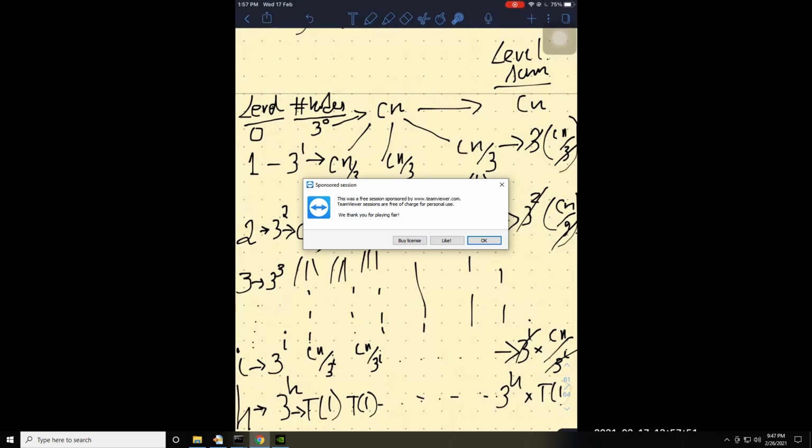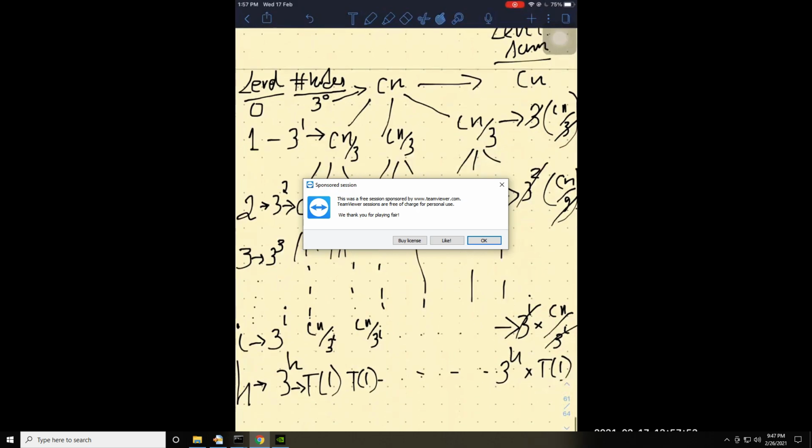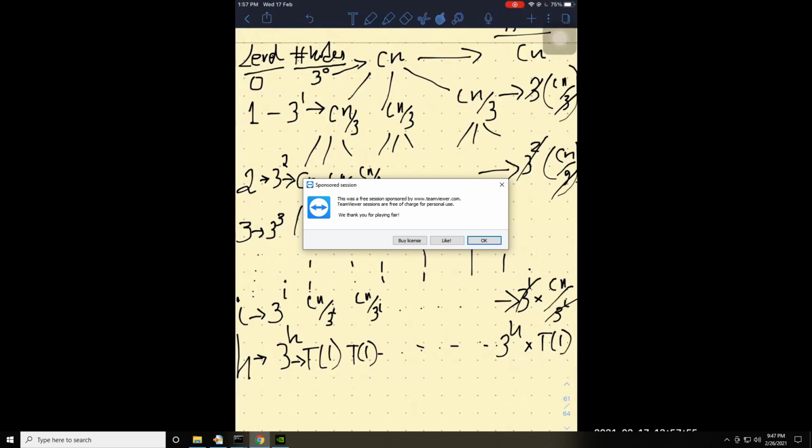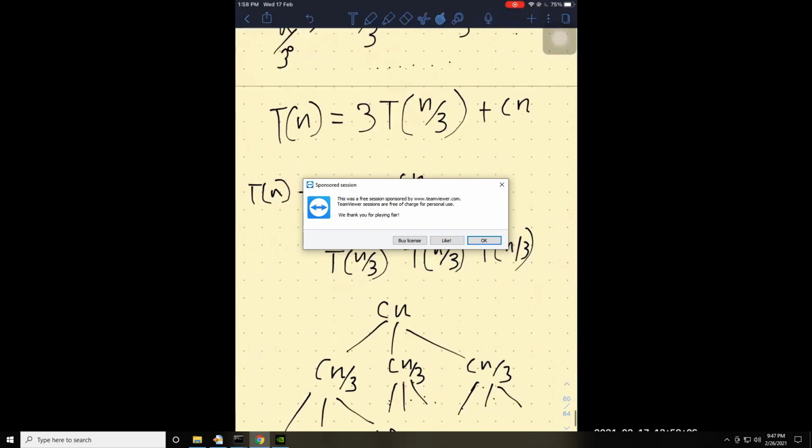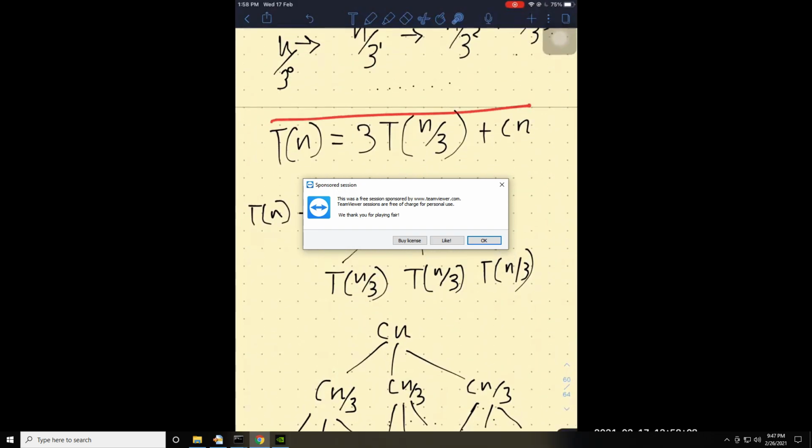The main part of the algorithm is just following those branches of the tree, or the levels of the tree, but the values will depend on the equation or the function that is given to you. The basic algorithm is that you have to follow the levels and get their sums, but those sums will depend on the values of those functions that are given to you.